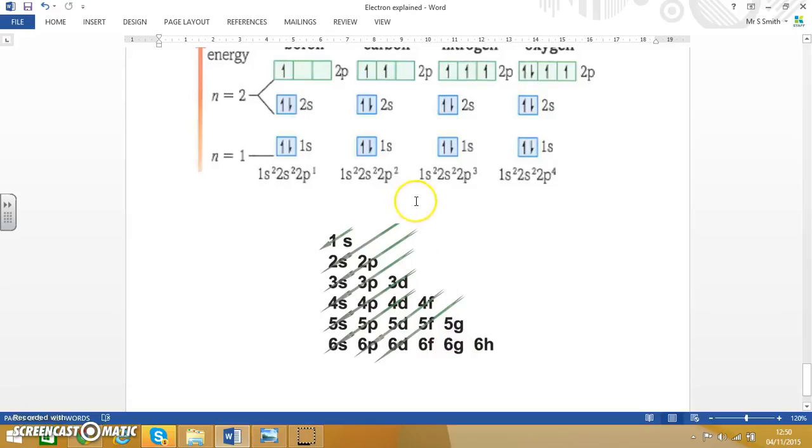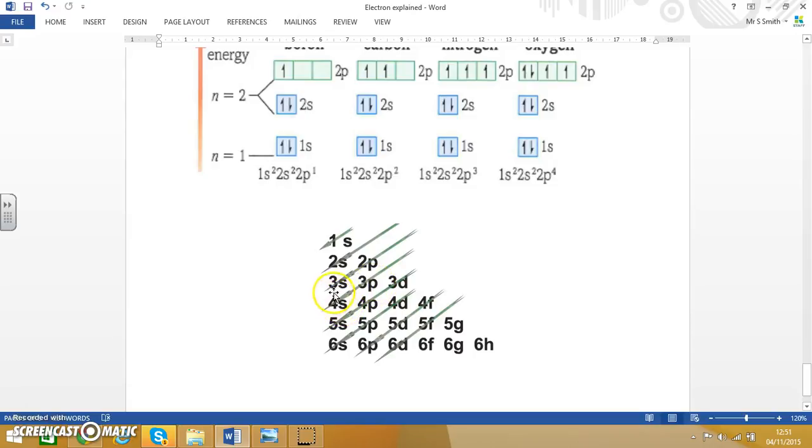Well, the arrows tell us how we do the filling. We fill the 1s first, we fill the 2s second, followed by the 2p, followed by the 3s. We fill the 3p, followed by, not the 3d, the 4s.